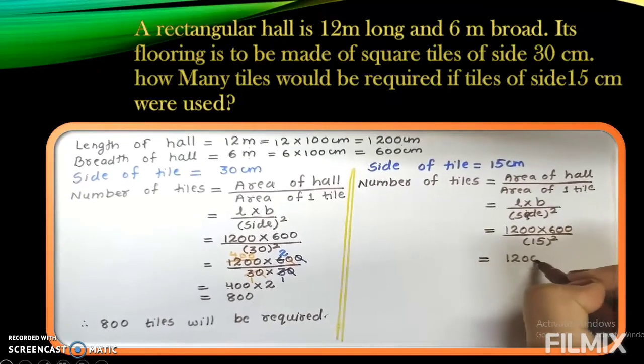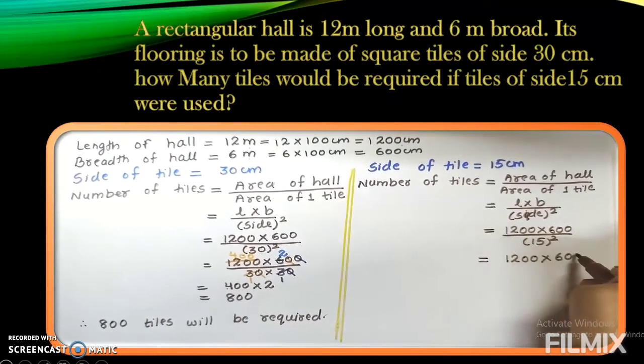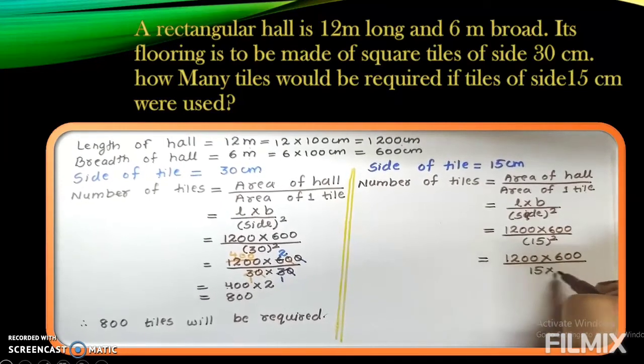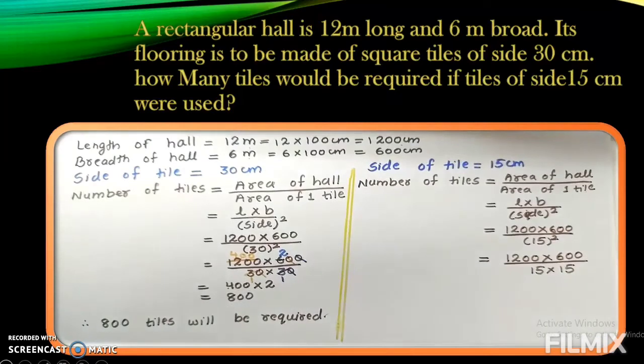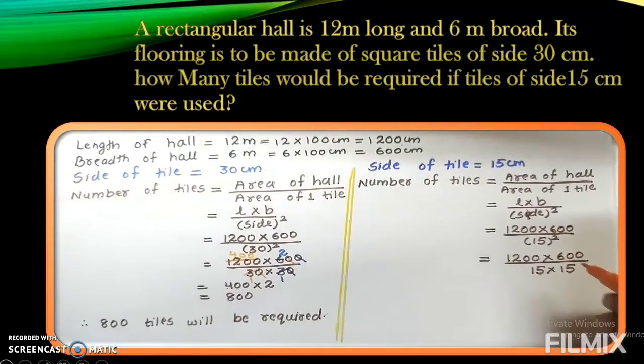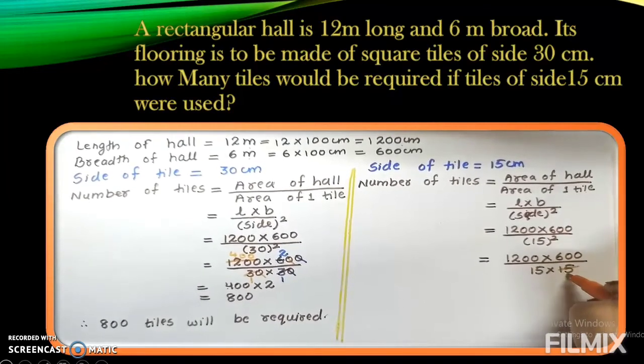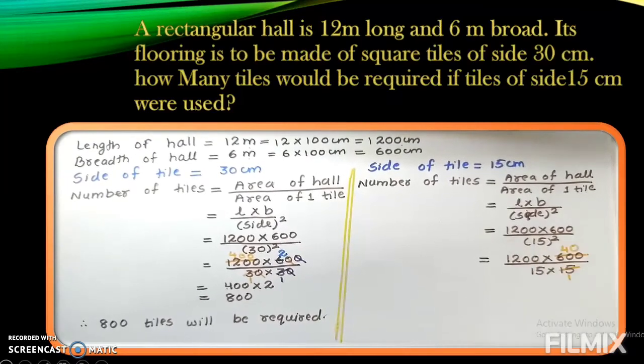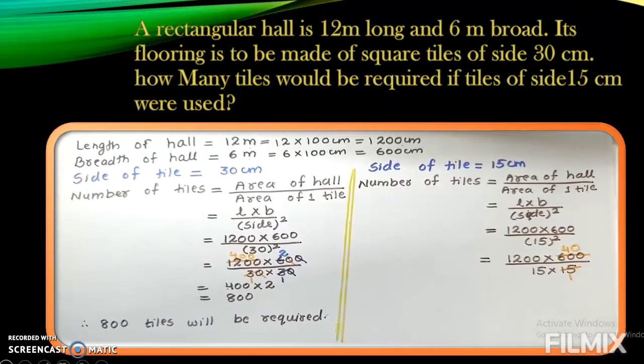So this 1200 we will write the same, 600 we will write the same, upon square of 15. So what we will write? 15 into 15. Now we will apply tables. If you know 15's table, 60 is coming. So we will directly apply 15's table. 15 ones are 15, 15 fours are 60 and 0 will come the same.